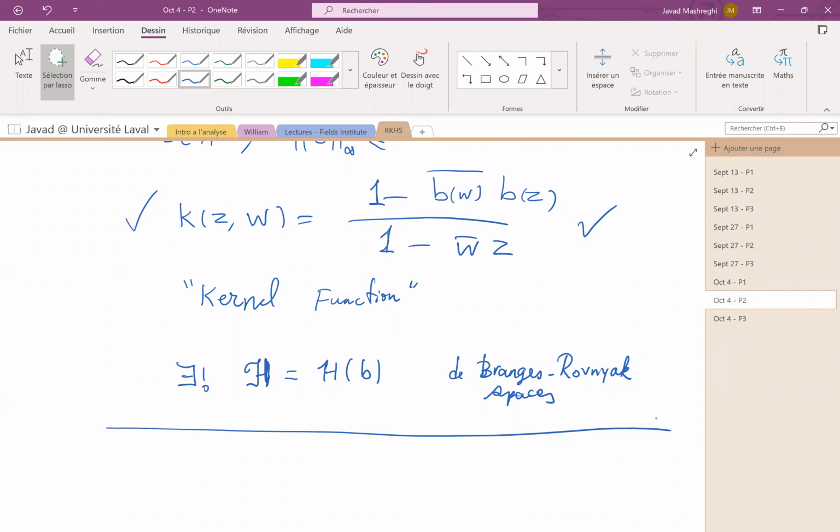Let me take the example of H2DN. The H2D kernel was 1 upon 1 minus omega bar z, and H2DN was just the product of that. Yes. So let me rephrase it like this. We had a kernel 1 upon 1 minus omega_i bar z_i.